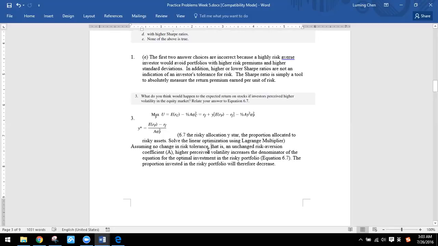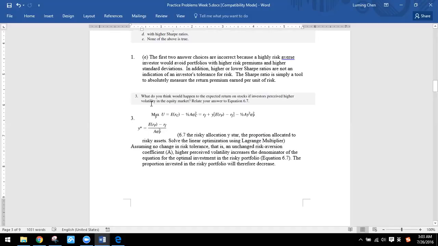Assuming no change in risk tolerance, an unchanged risk aversion coefficient A, if there is higher perceived volatility, the denominator is increased, so the optimal risky allocation Y will drop.